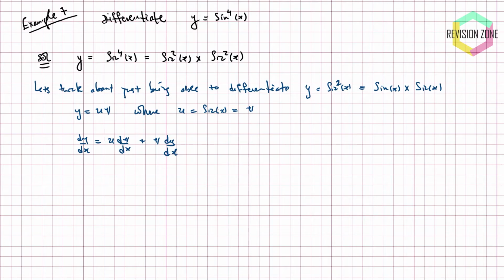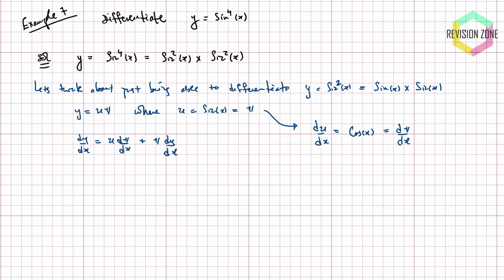So I need to be able to differentiate my u and v. What I know is my du by dx is just the derivative of sine, which we know is a standard function, is cosine. And of course, that's the same as dv by dx in this case. So since I know that, I just go to this product rule formula and put stuff in, right?